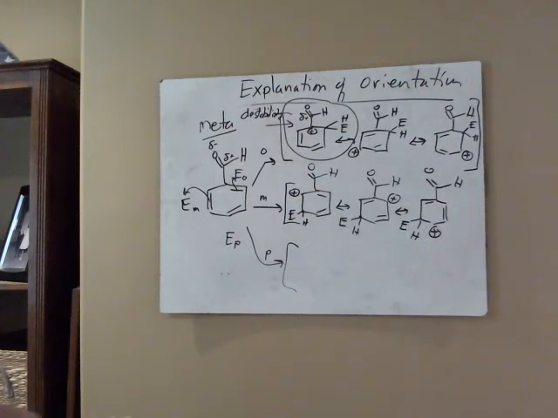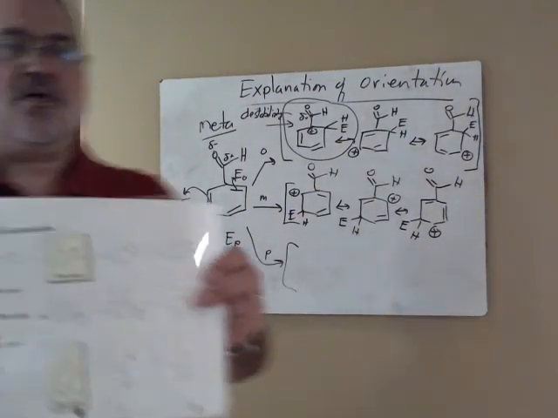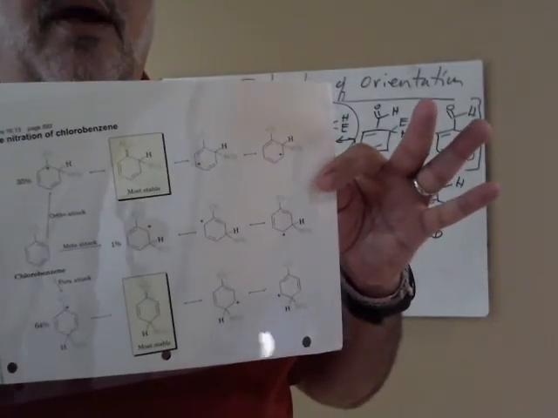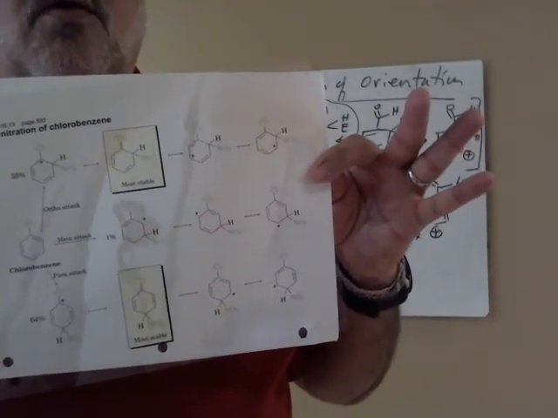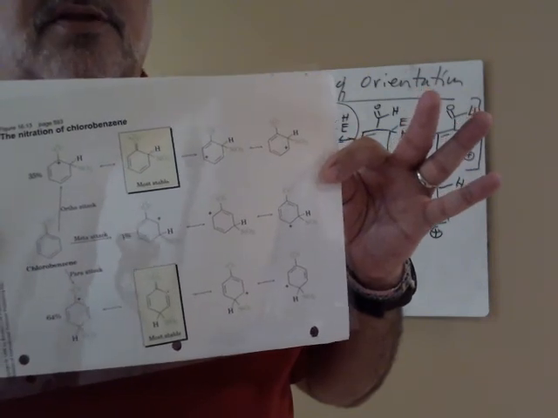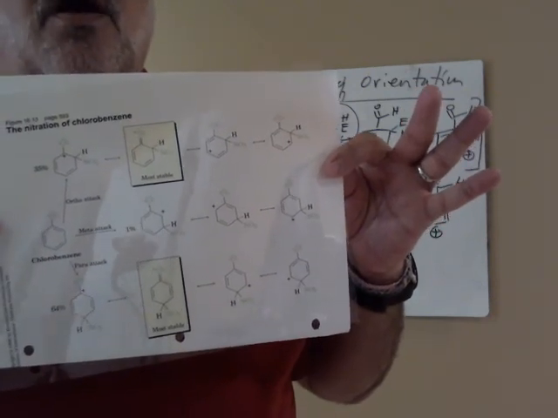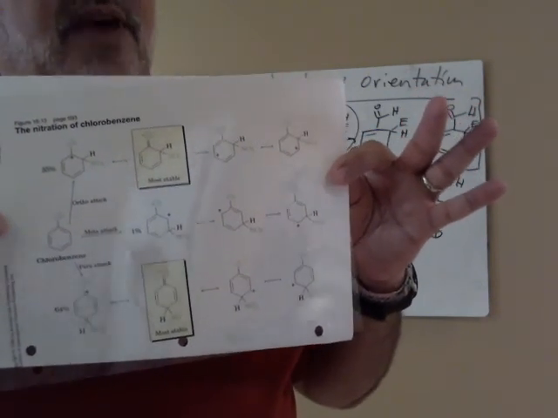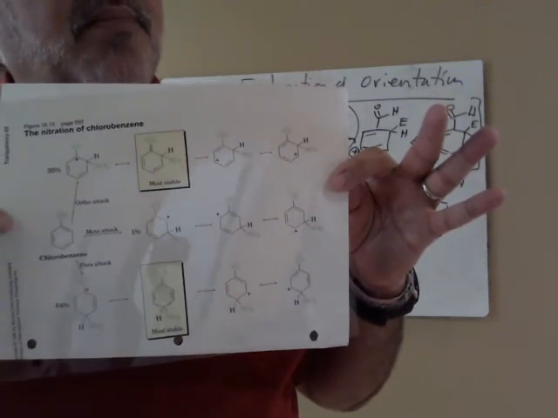And the last one, I'm just going to show you. If you go to your PowerPoint, it's going to explain why halogens are deactivators, which we've already said, but remember they're the exception.